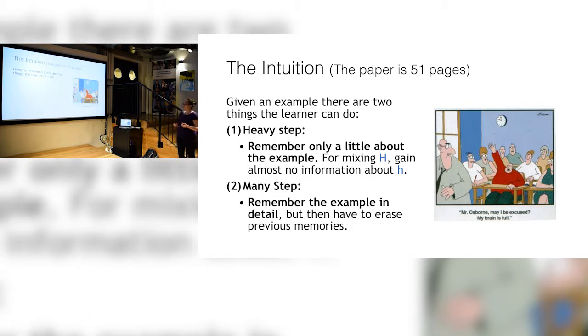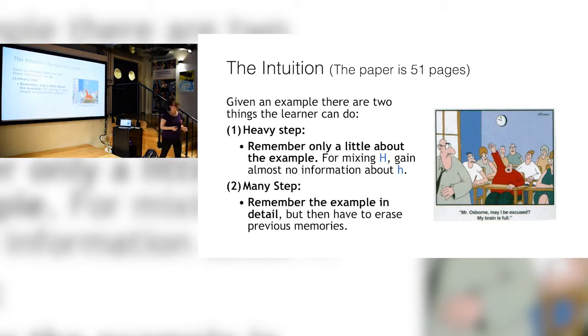If we have a new example, what can the algorithm do about it? Basically it has two things it can do. Either it can remember only a little bit about the current example. Remember, it doesn't have a lot of memory, so it cannot just remember everything.